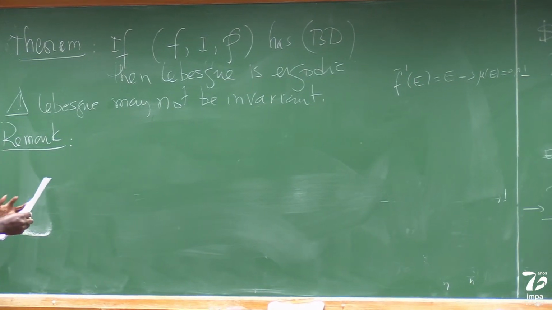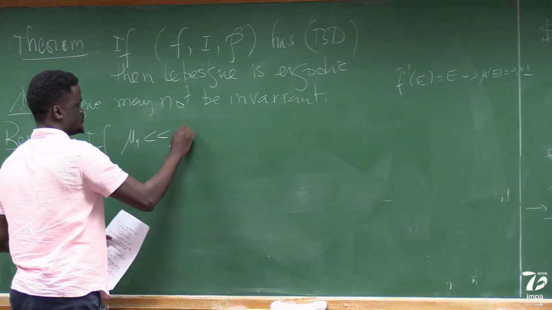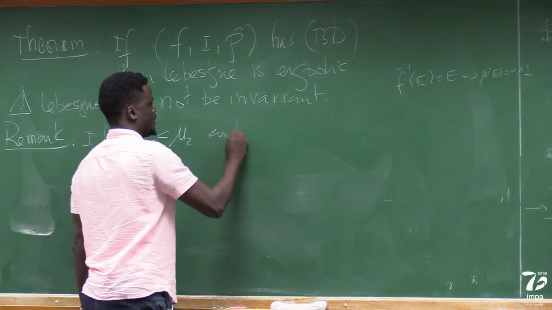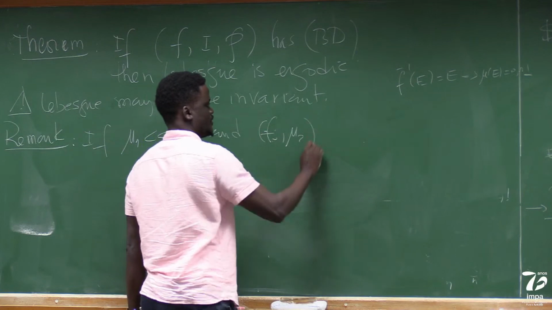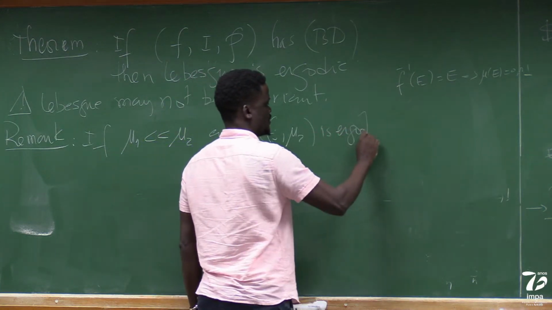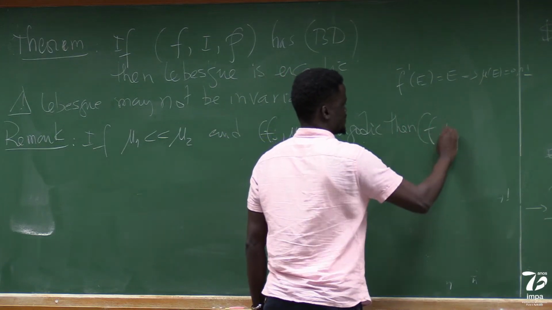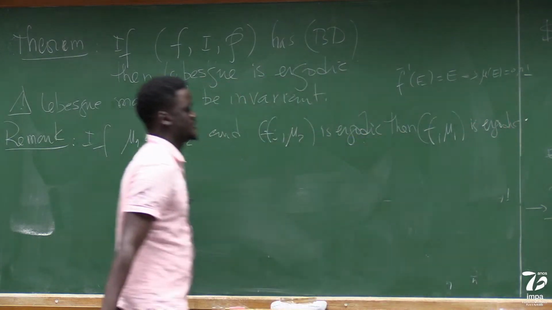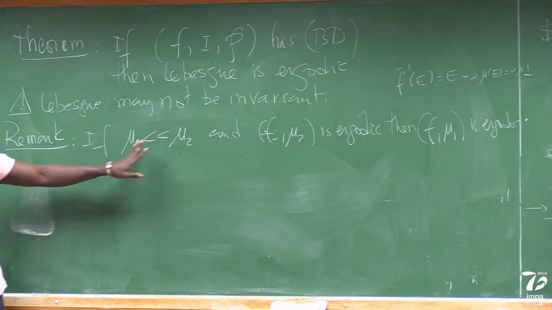Remark that if you have two measures, if μ1 is absolutely continuous with respect to μ2, and if μ2 is ergodic, then μ1 is also ergodic. So if you have two measures, one is absolutely continuous with respect to the other, if this one is ergodic, then the other one also is.